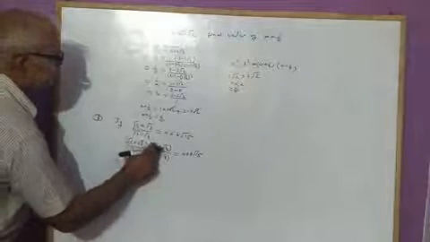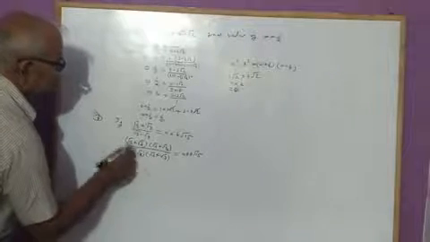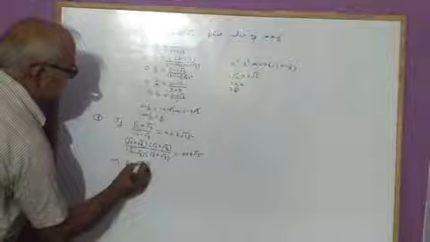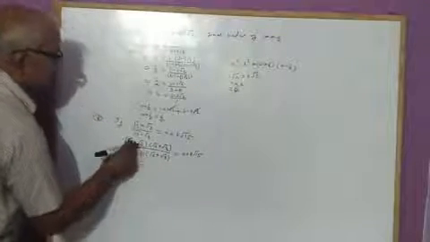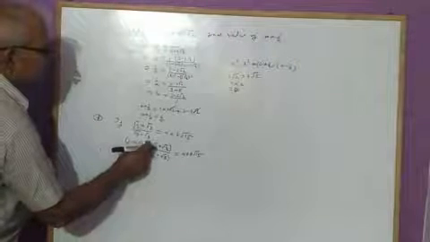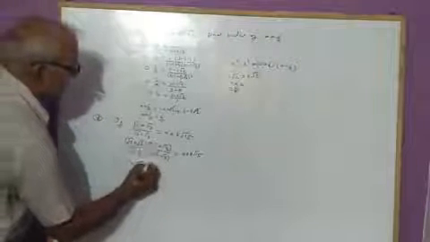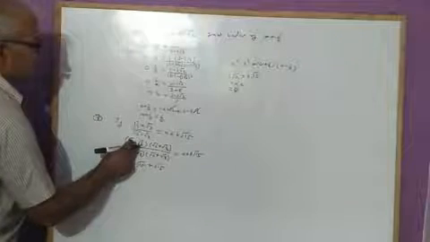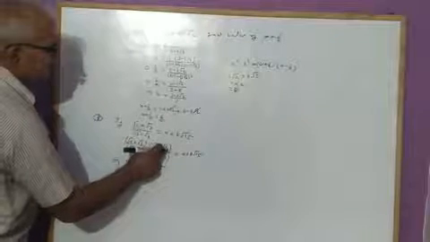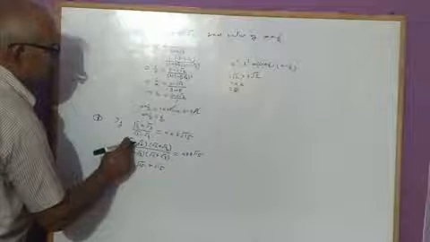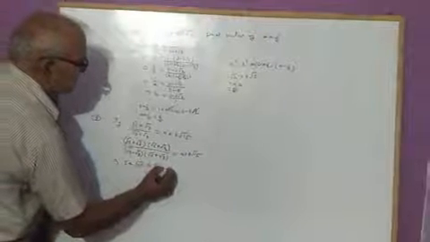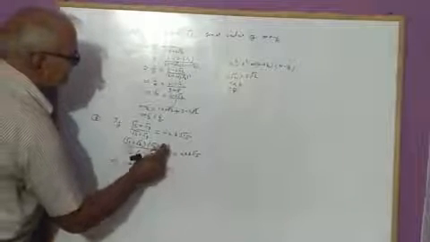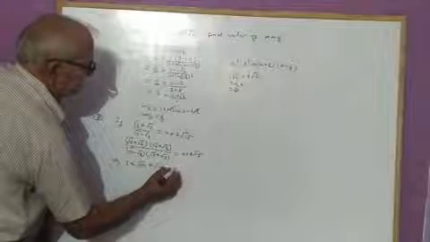Plus into plus is plus: root 5 into root 3 is root 15, plus root 3 into root 5, plus root 15, plus root 3 into root 3, root 9, and the root of 9 is 3.